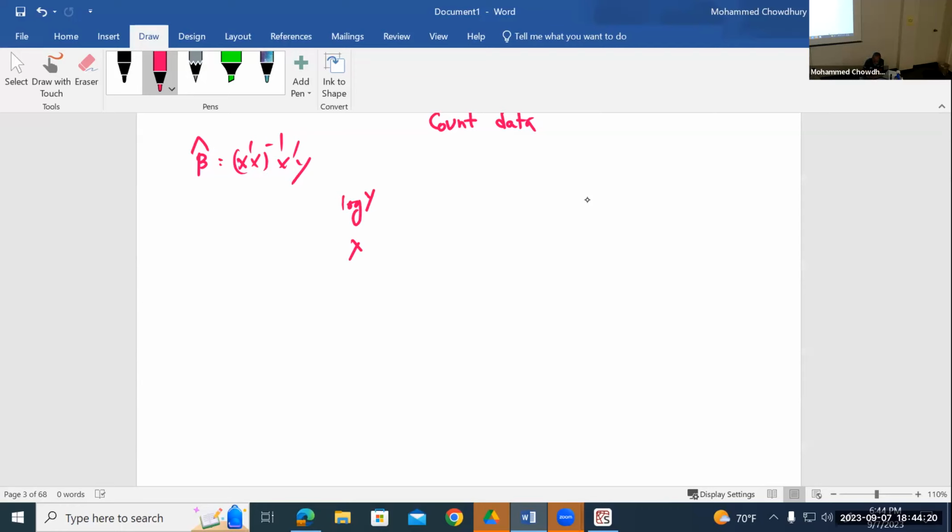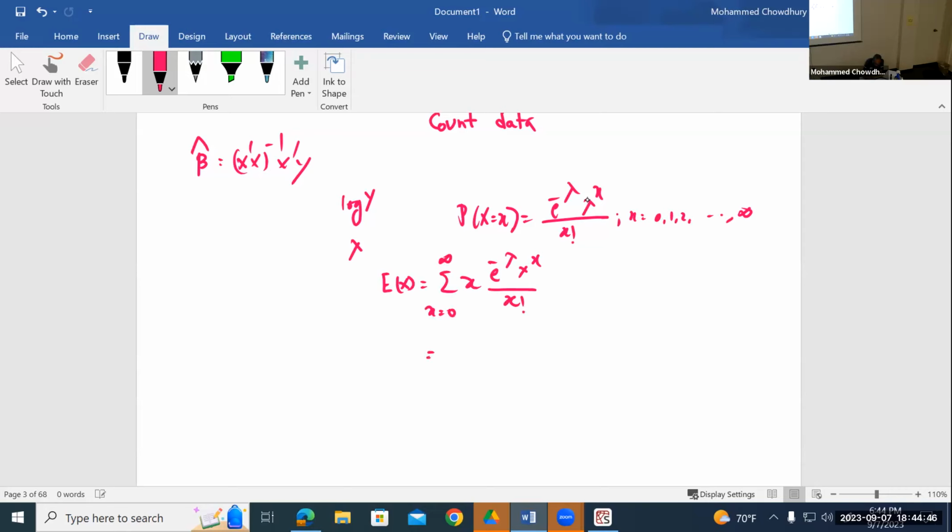Okay. Quickly derive this. It will take maybe 1 minute. e to the power minus lambda, lambda to the power x over factorial x, where x goes 0, 1, 2, up to infinity. I want to find the mean of this distribution, which is the expected value of X, where X takes values 0 to infinity. And then if you take one lambda out, e to the power minus lambda, and you have an x, then lambda to the power x minus 1, then x over x factorial, which is x into x minus 1 factorial.